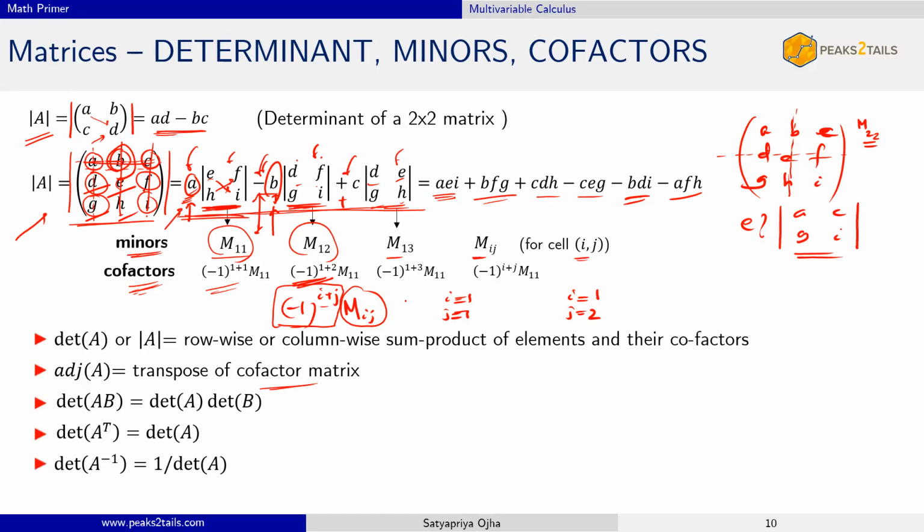Some very useful properties of determinant. You can write determinant as DT A, or mod A. See, mod means something. It's not accidental. Anything mod actually talks about size. What is minus mod minus 5?